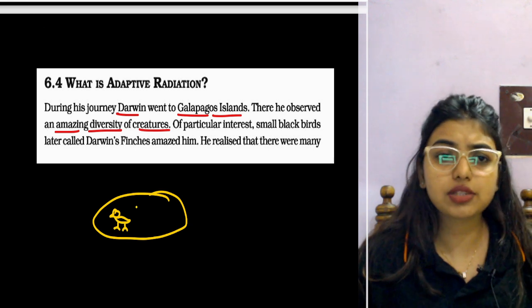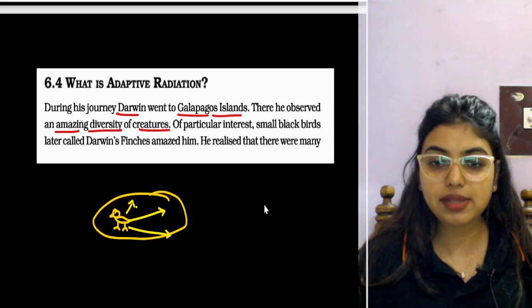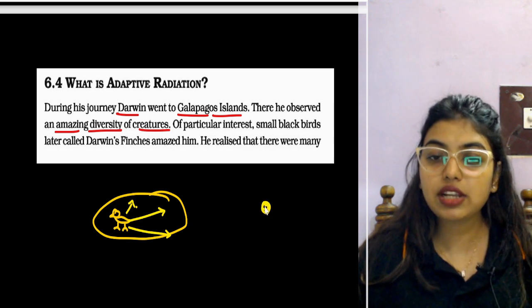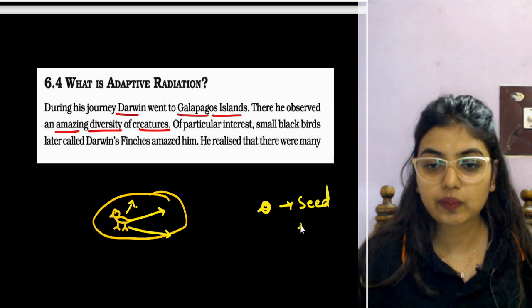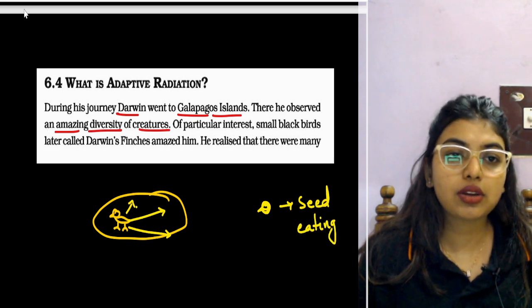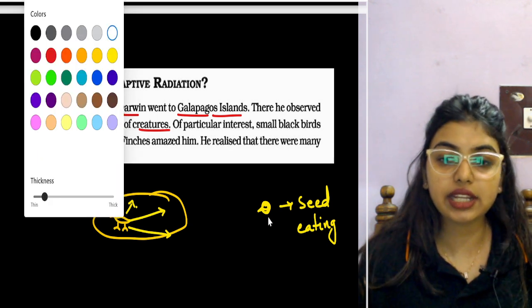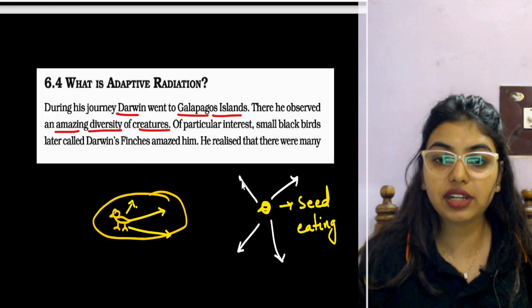So these were finches. This was the Galapagos icon. These birds did adaptive radiation. That means, imagine, students, one species is there which is seed eating, and they migrated to all the places, and they became different. Different categories.